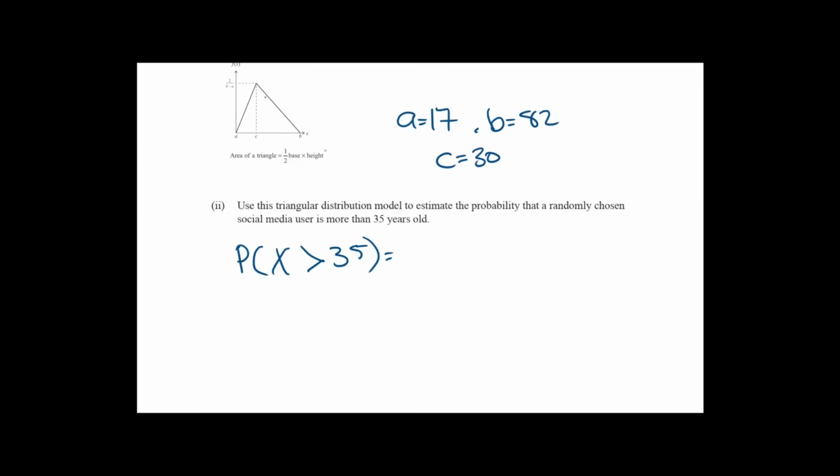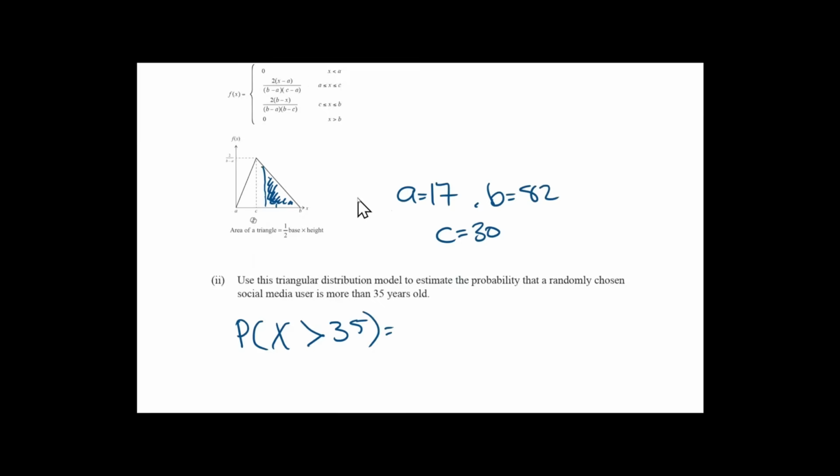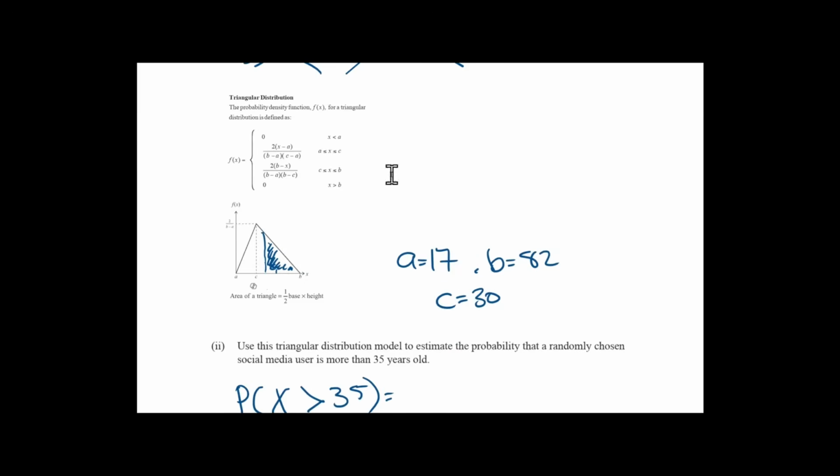So obviously they want this area here. Well, they kind of spoon feed you the answer there. You just have to look at the formula. So which of these is the one we're looking for? So it's between C and B. So it's that one there.